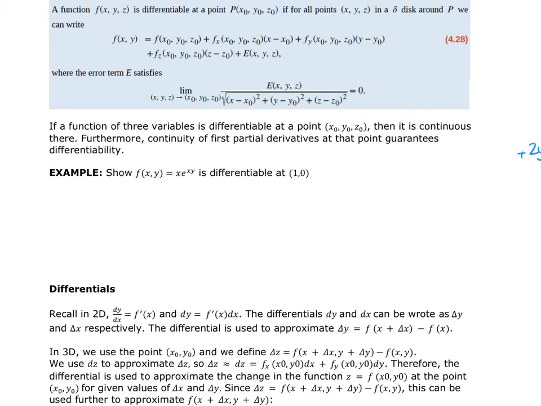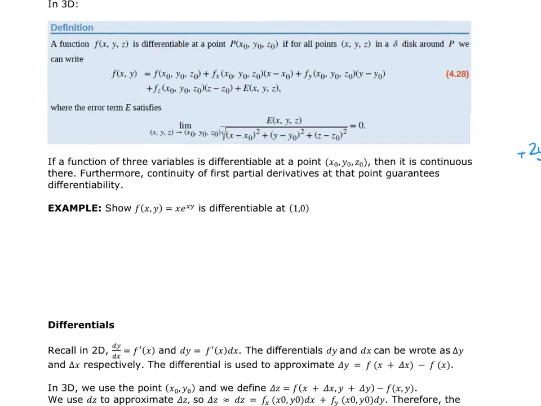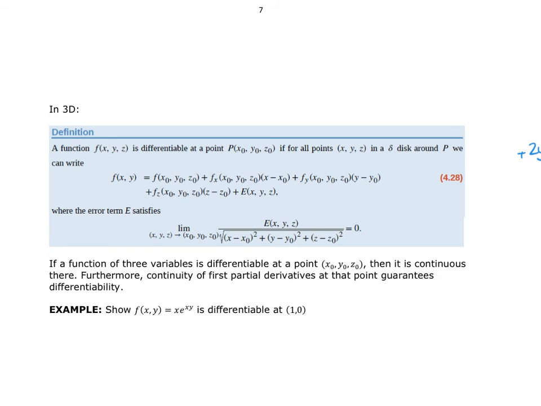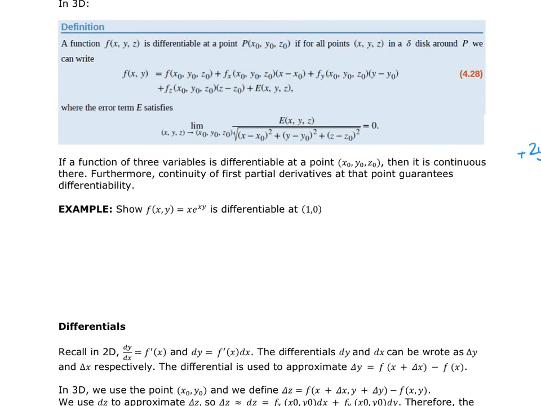So let's go through this example, and the first thing we're going to do is use the theorem that the partial derivatives exist. So let's go ahead and do the partial derivatives. I'm going to do df with respect to x first. No reason, I just like to do x first. And this is going to be, by the product rule, 1 times e to the xy plus x e to the xy multiplied by y.